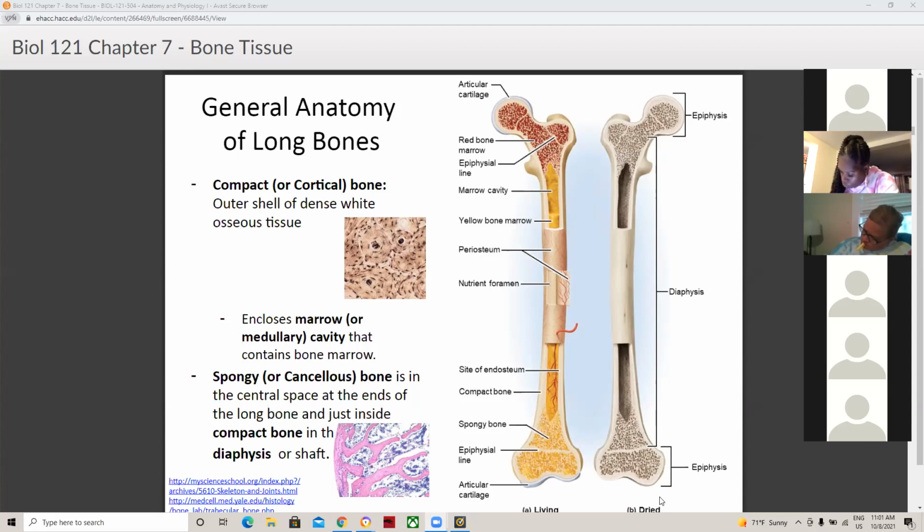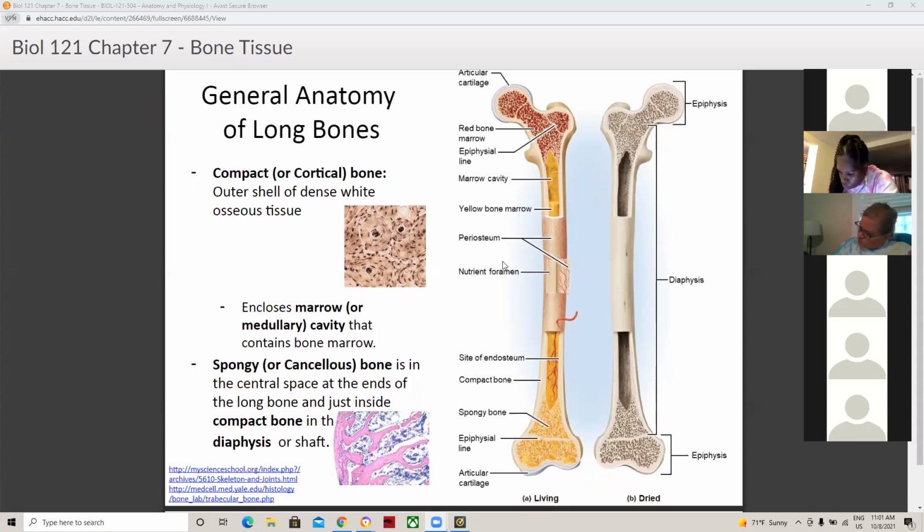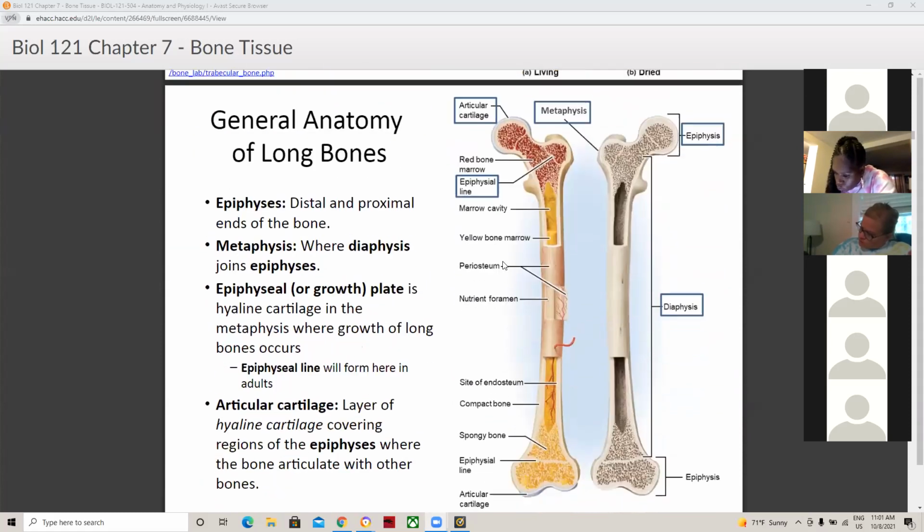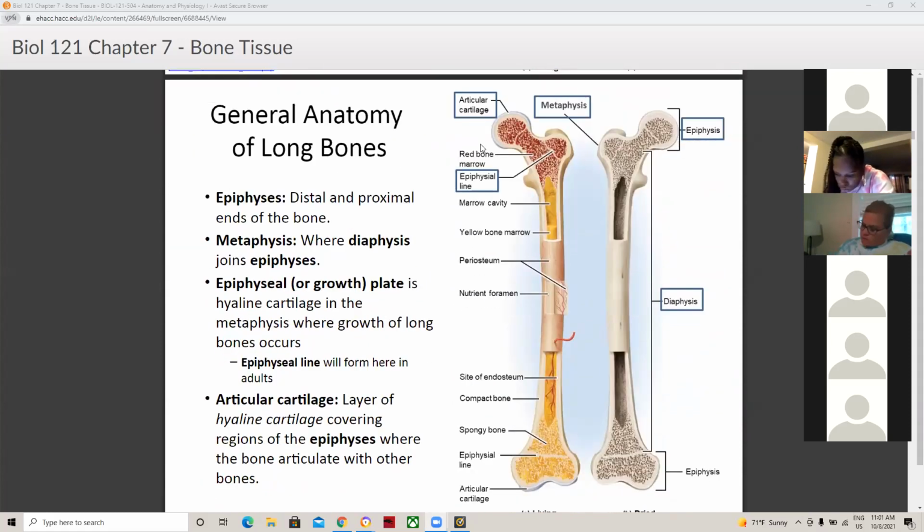The epiphysis, we have two epiphyses on each side of the bone. Each end of the bone is called the epiphysis. The diaphysis means in between. So epiphyses are the distal and proximal ends of the bone.